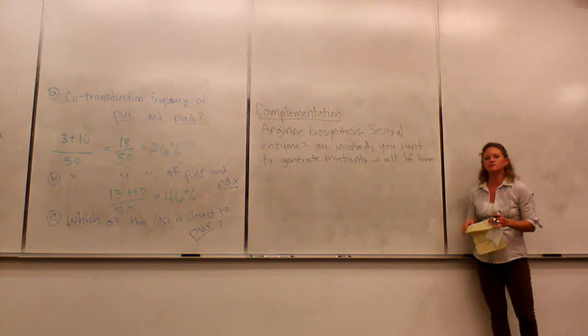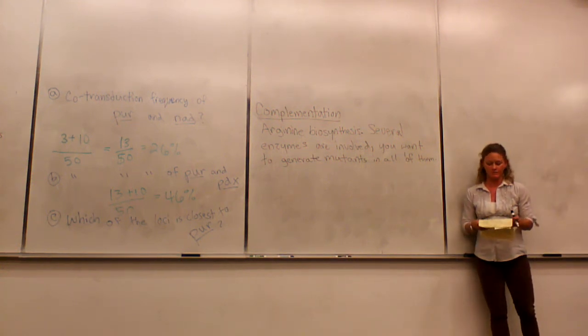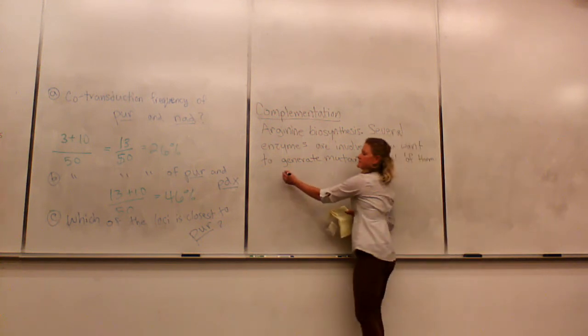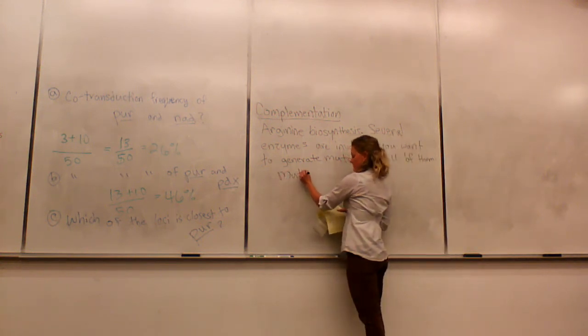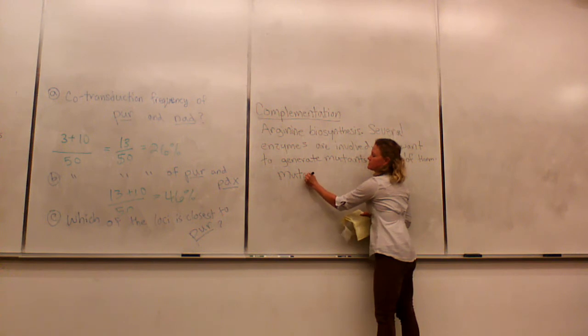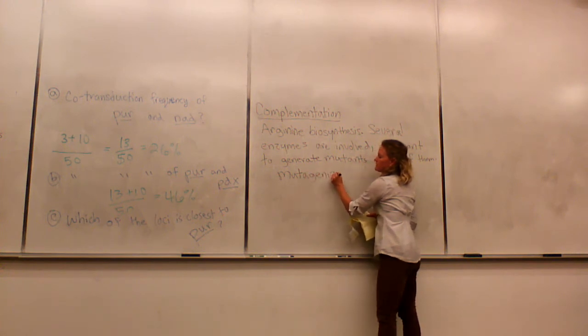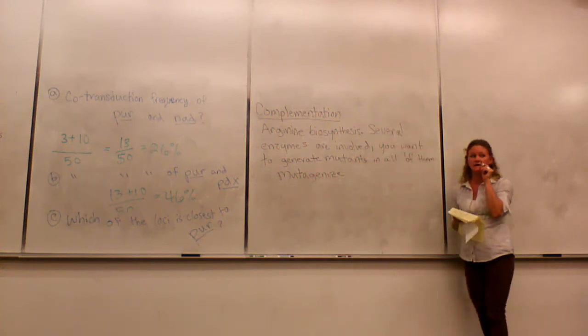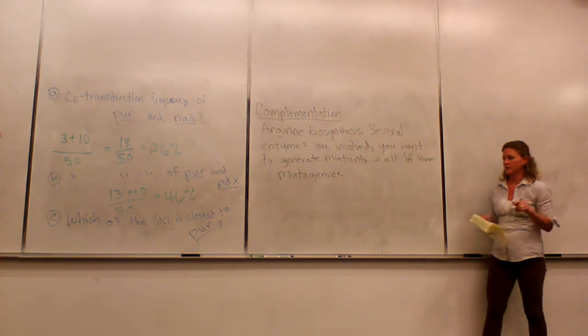You throw UV light at them or some kind of chemical. That part you don't have to worry about quite yet. In this course, we'll talk a little bit about specific types of mutations and how the cells can repair those. That's coming up.